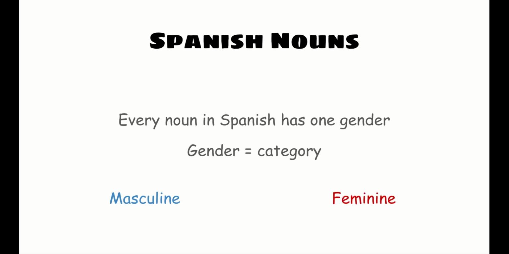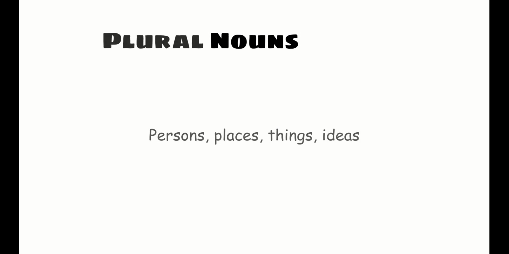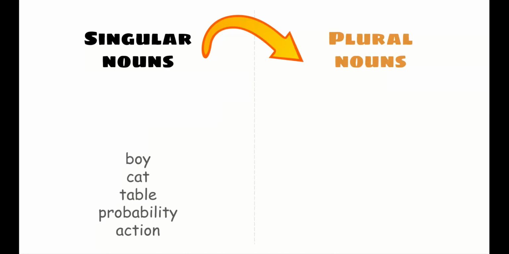So in this video, we're going to talk about plural nouns. And what the word plural just means is that it's talking about several persons, places, things, or ideas. You probably notice how all of those words have an S at the end, and that is really a good definition of a plural noun. In English, when we make a word plural, we change it from singular to plural.